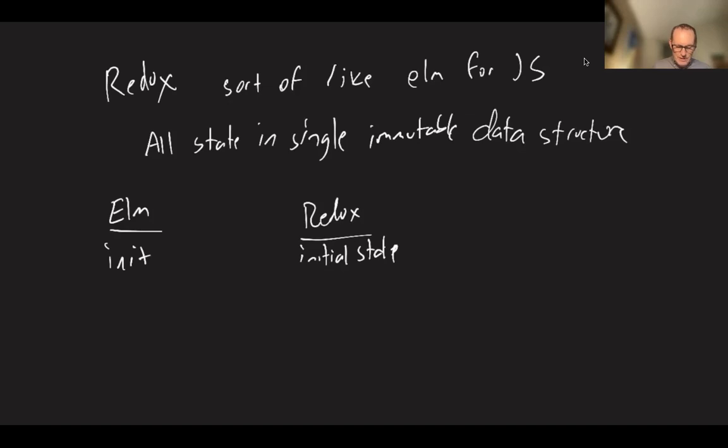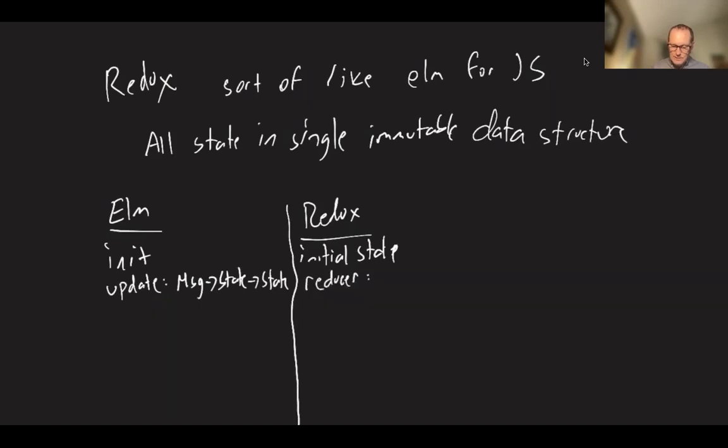We have in Elm an update, which takes a message and state and returns state. In Redux, we have something similar called a reducer. The reducer takes an action and state and returns state.